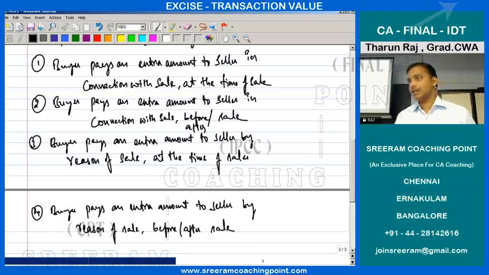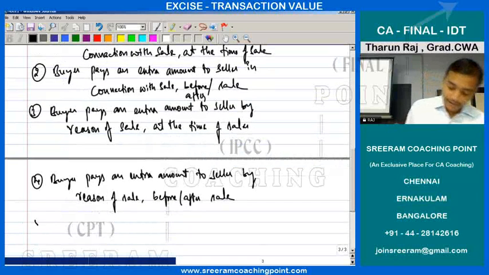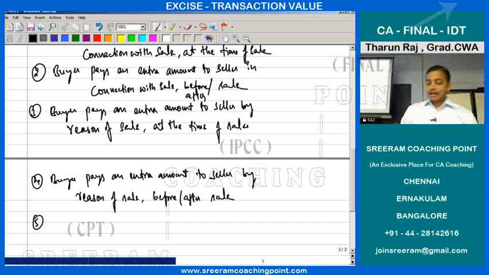This is the definition. I am just explaining the definition. Happily sit, coolly sit, see the board. That is sufficient. Open your mind. Don't open your book, but open your mind. By reason of sale, before or after sale.